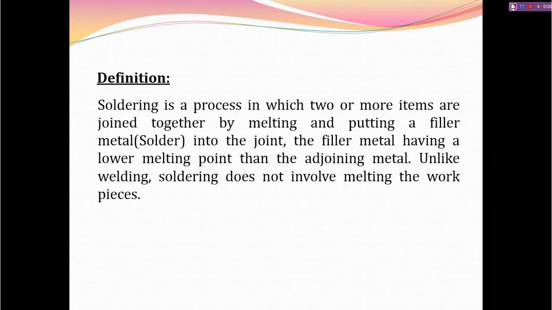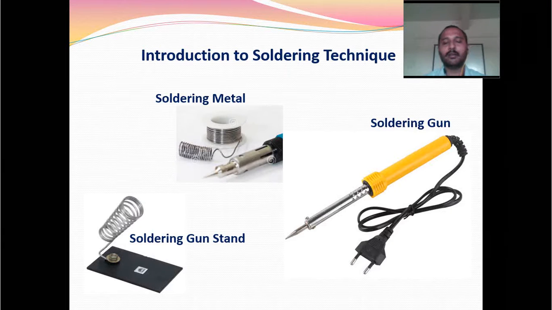The filler metal has a lower melting point than the adjoining metal. So the purpose of soldering is to connect 2 points, to connect 2 circuits, or to connect 2 points in the same circuit.